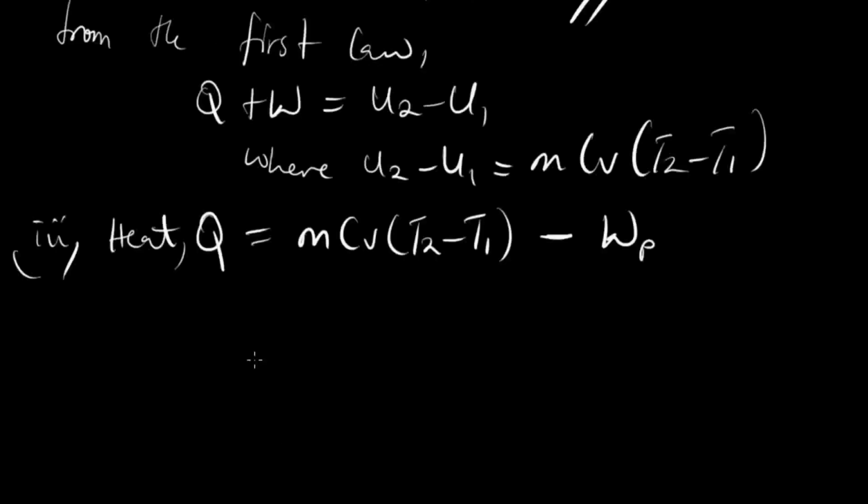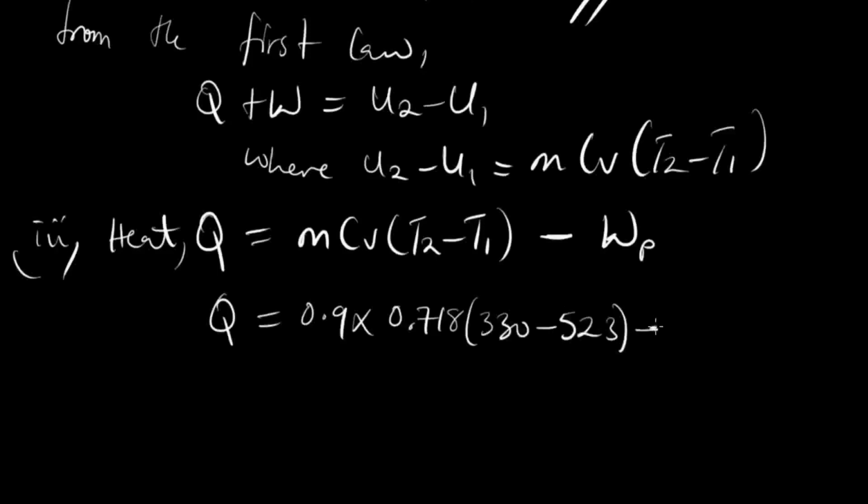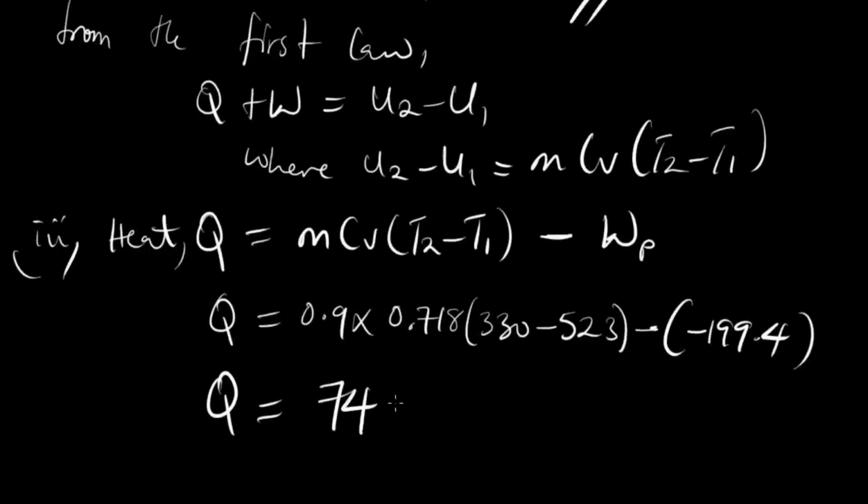So we have that Q is equal to 0.9, the value of Cv, a specific heat at constant volume, then T2 is 330 minus 523, minus minus 199.4, which was our work done. So finally heat will be 74.68 kilojoules.